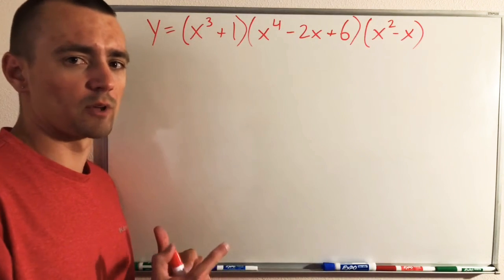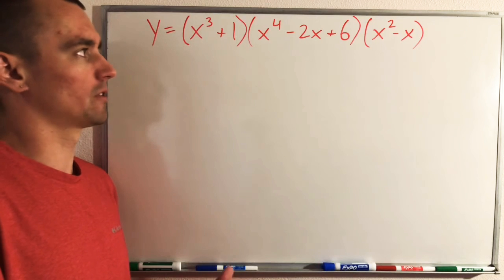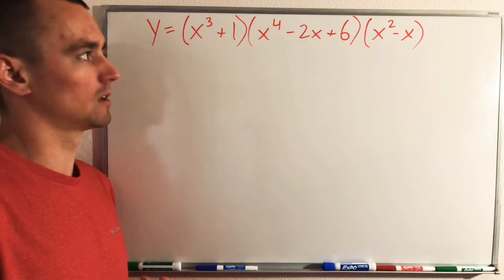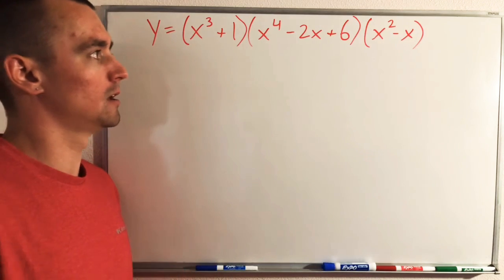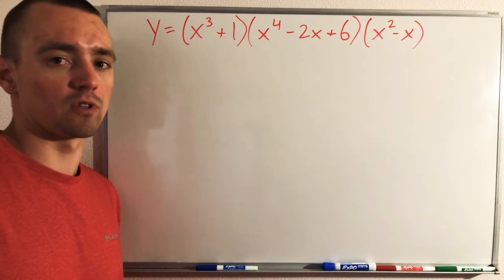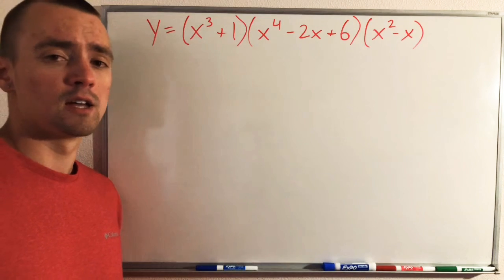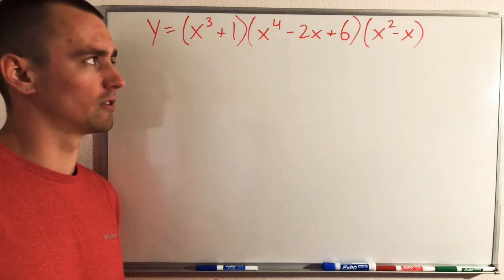So this is the function that I'm going to show you how to find the derivative of using this method. Let's start with the formula of what this looks like. Typically when you're doing the product rule, you start by naming the different pieces of your function so that you can apply the product rule formula, just like I did in a couple of the videos that I made last week and earlier this week.